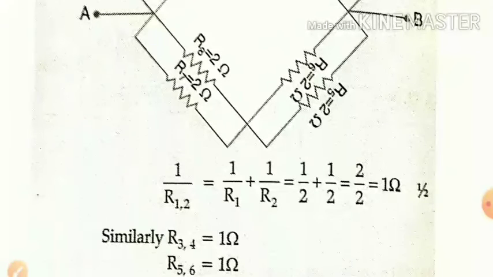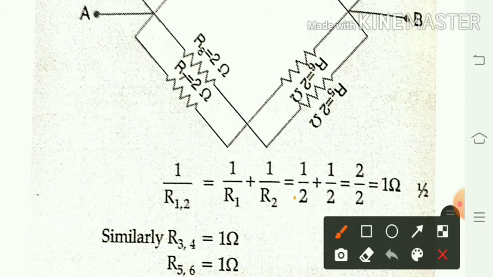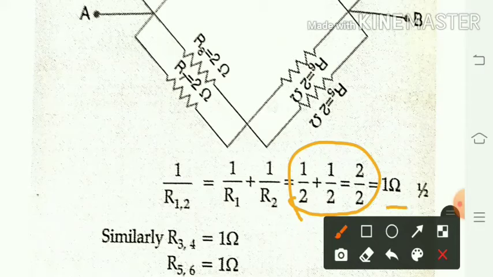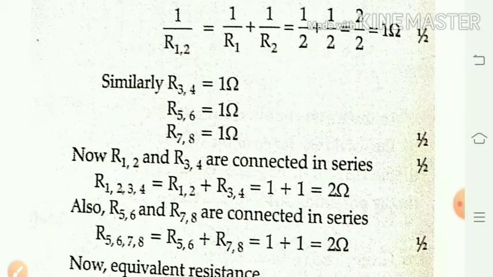Now we will find it stepwise. For R1, R2, which are in parallel, we can write 1 upon 2 plus 1 upon 2, and it becomes equal to 2 by 2. So the resultant resistance of the 2 resistors is 1 ohm. Similarly we can calculate for R3, R4, R5, R6 and R7, R8, as their values are 2 ohm each.